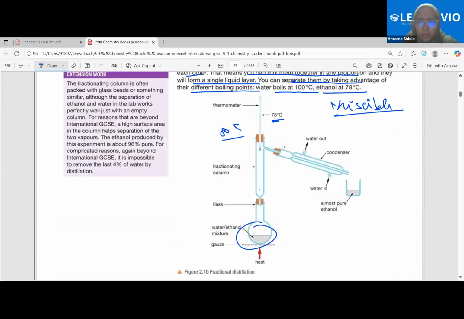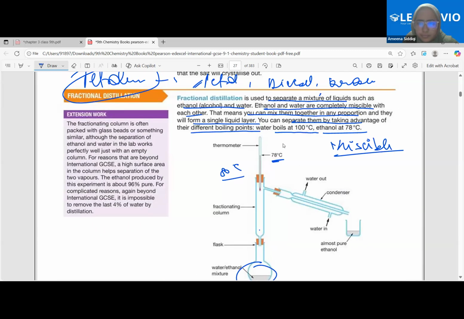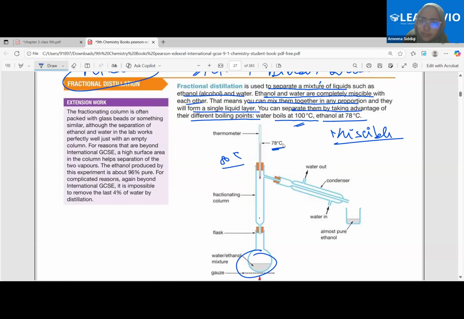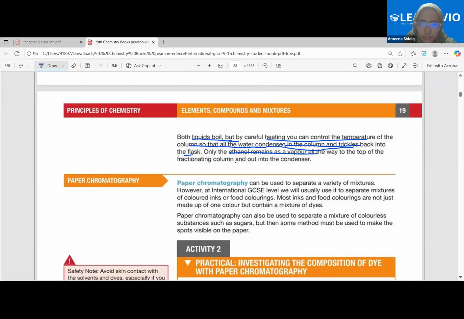Water will boil at 100 degrees Celsius. So we'll be able to separate out the ethanol first. Just a second. Some confusion about the condensation.